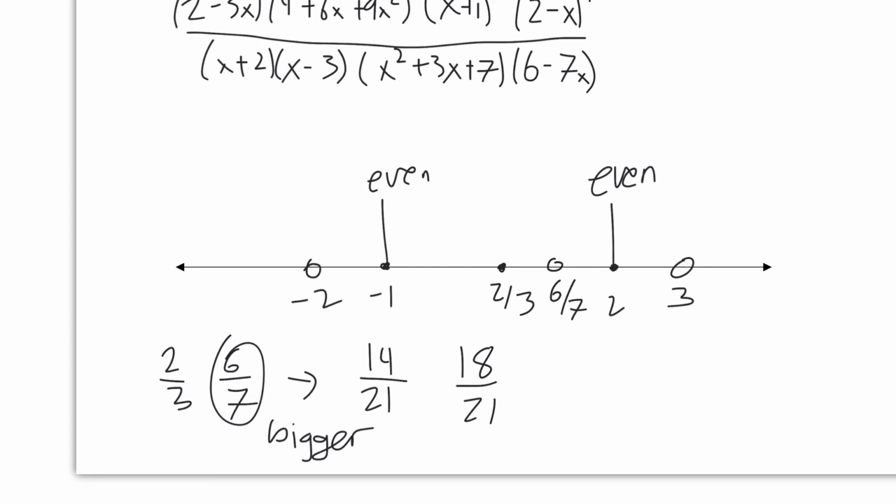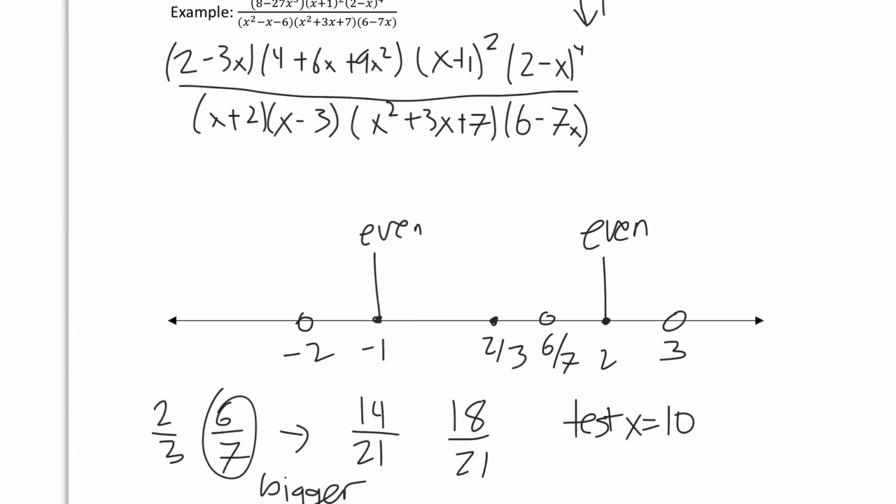Now let's pick a number bigger than 3. Let's test x equal to 10. Looking back at my rational function, I've got 2 minus 30, so that's going to be negative. This is positive, this is squared, so it's definitely positive.